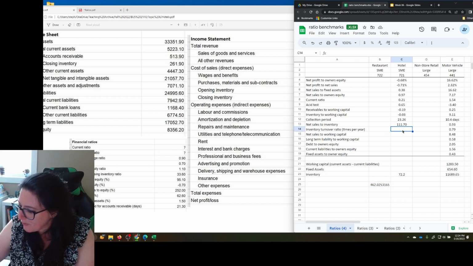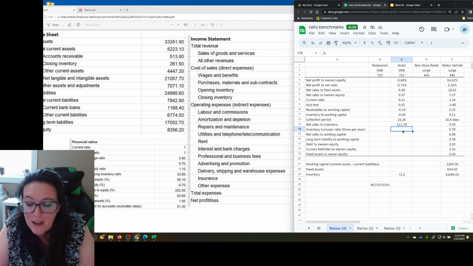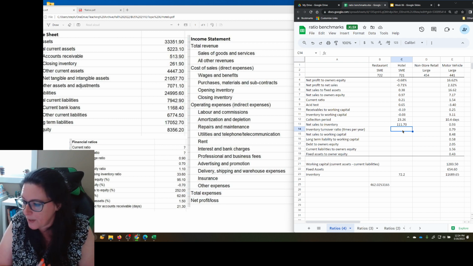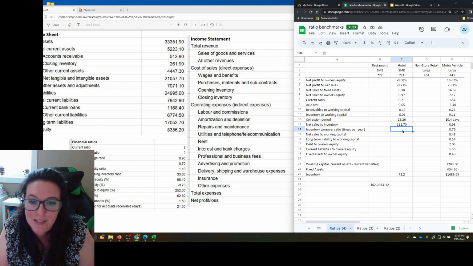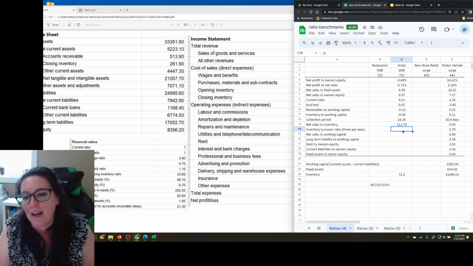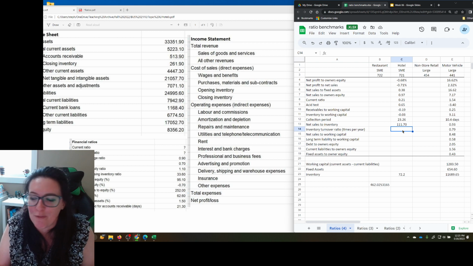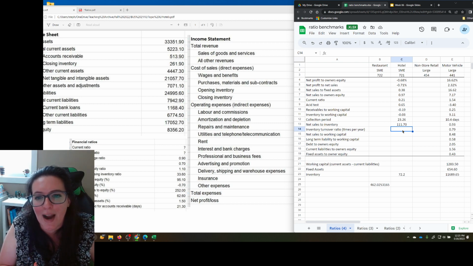All right, we can look at it for the hotel industry. Again, they don't have a lot of inventory, so it's probably not something you would focus on. We would with restaurants and retail. If you're looking at Amazon, for example, inventory turnover ratios are particularly important. We have warehouses full of product. How long does it sit in the warehouse before it moves?